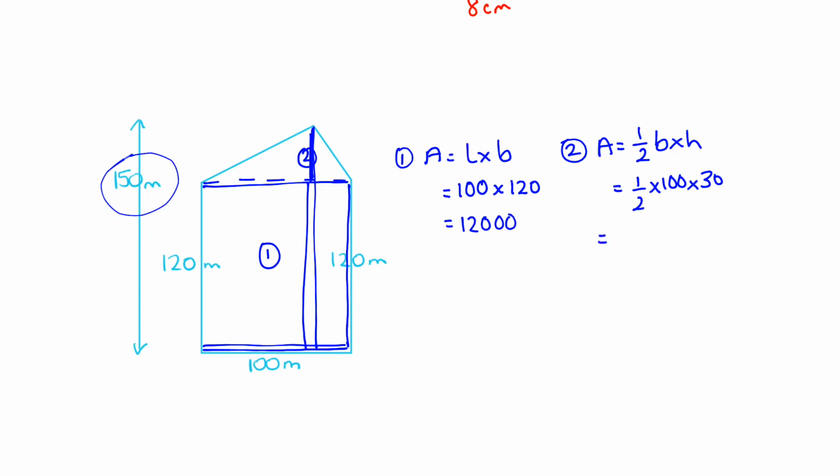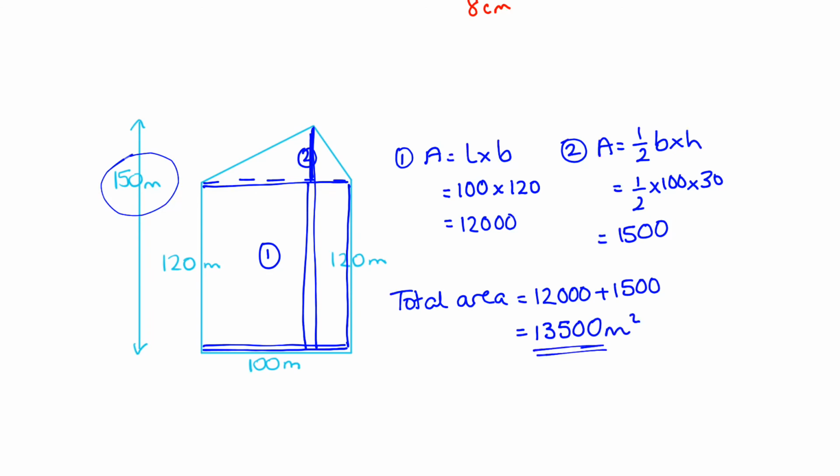Okay, so I would do this time, a half of 30 is 15, times 100 is 1,500. So altogether is 12,000, add 1,500, so that's 13,500 square metres again.